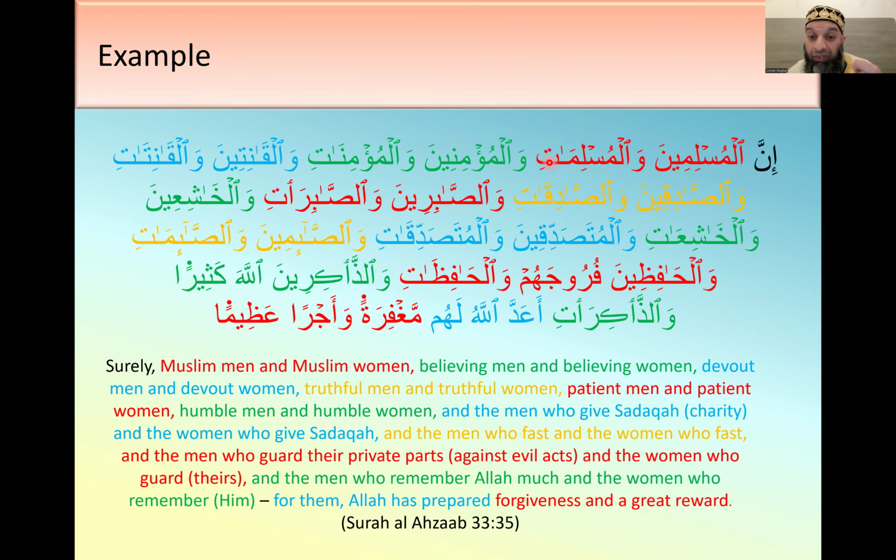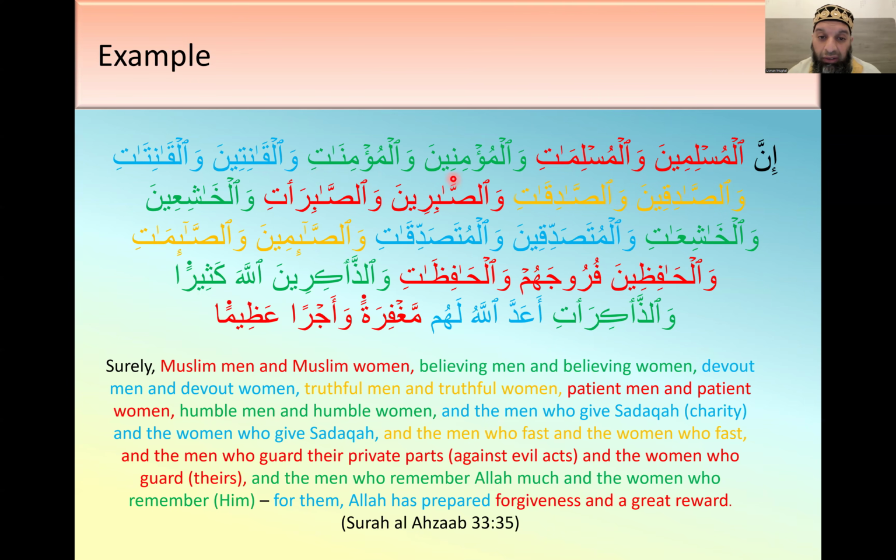Because the women version of the same word has been mentioned after it. Yeah? So, indeed, surely, Muslim men and Muslim women, wal mu'minina. What's wal mu'minina? And believing men, wal mu'minati, and believing women.